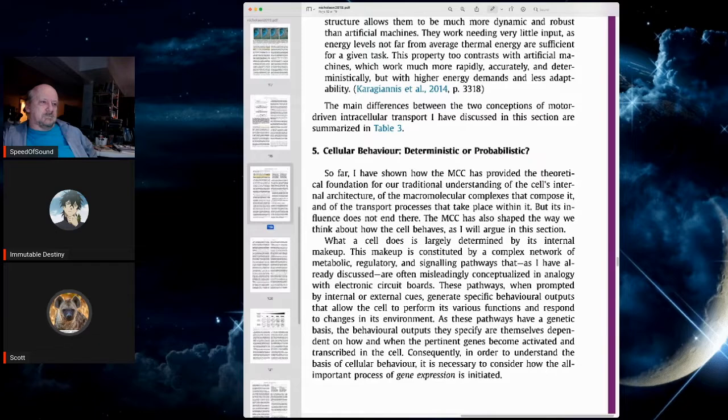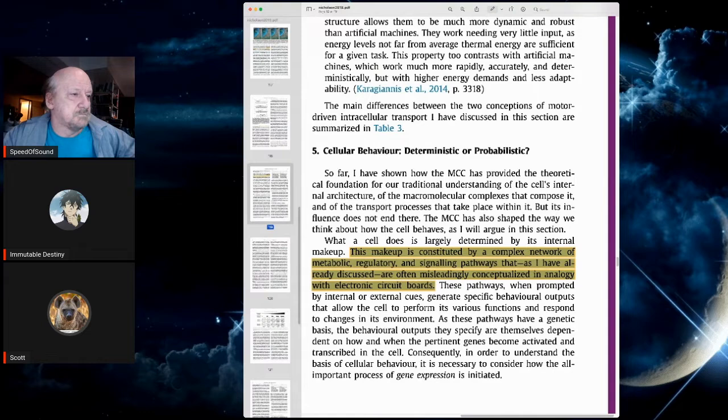This makeup is constituted by a complex network of metabolic, regulatory, and signaling pathways that, as I have already discussed, are often misleadingly conceptualized in analogy with electronic circuit boards. These pathways, when prompted by internal or external cues, generate specific behavioral outputs that allow the cell to perform its various functions and respond to changes in its environment.